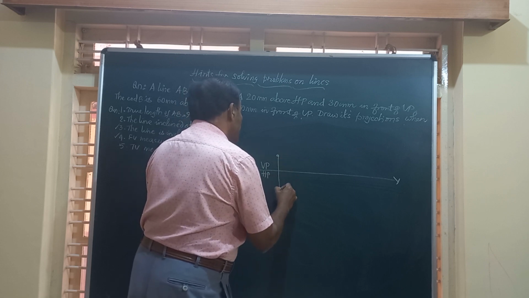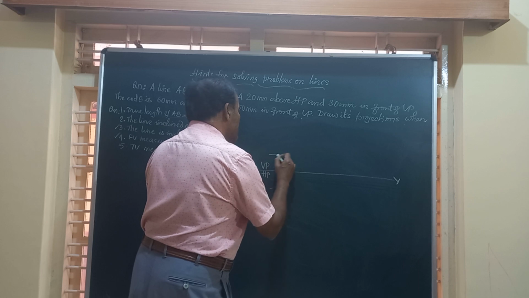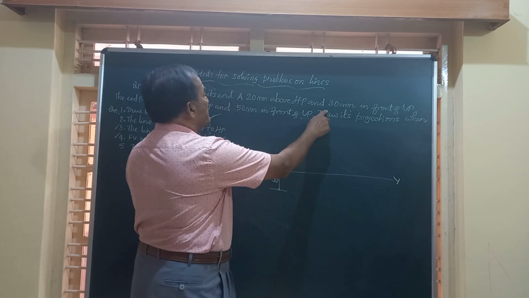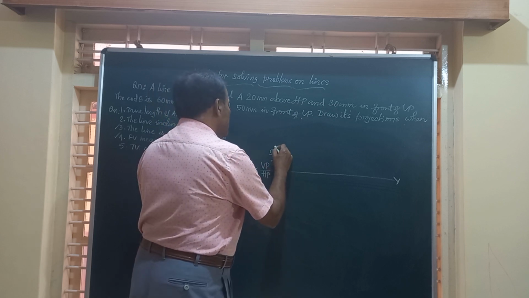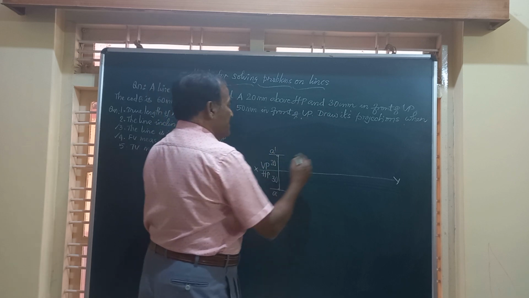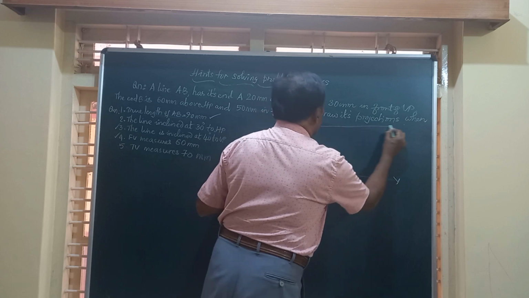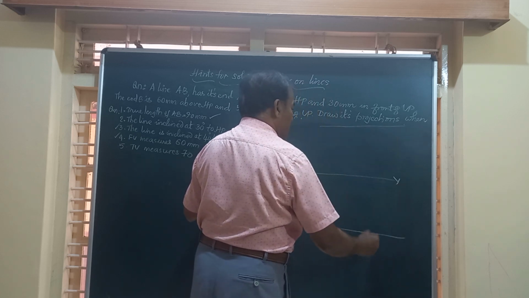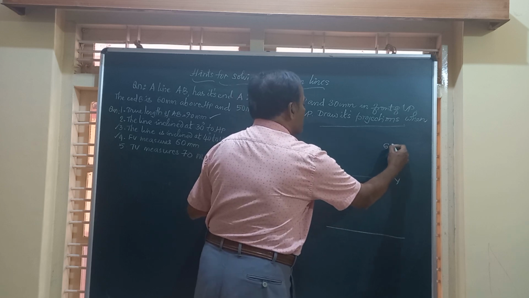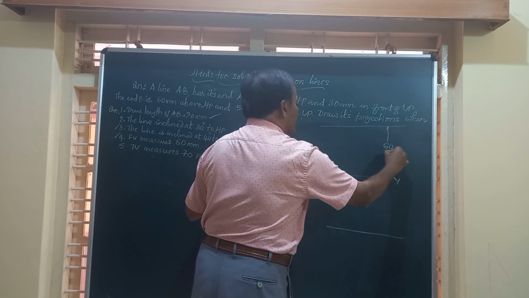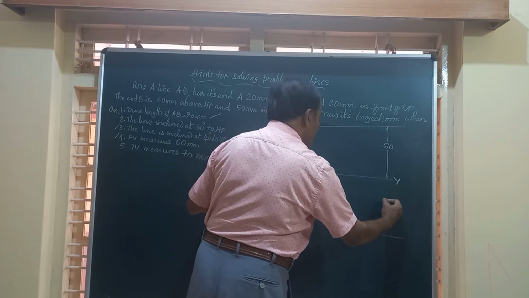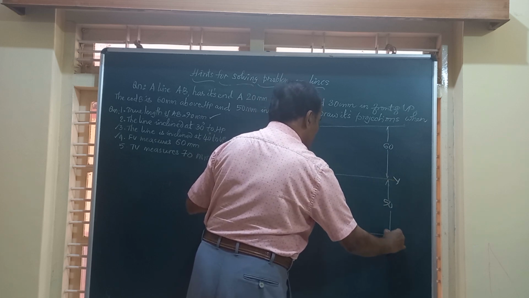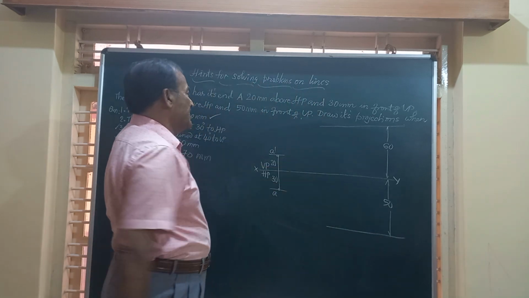Mark A dash and A at the given distances of 20 and 30. This is given here, 20 and 30. This is A dash and A. On the same lines, let us mark the locus of B above XY and below the XY line, that is, 60 millimeter above XY and 50 millimeter below the XY line, the locus of the end B.